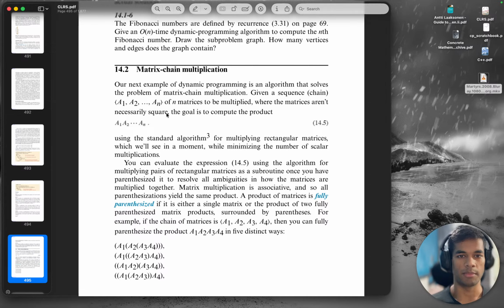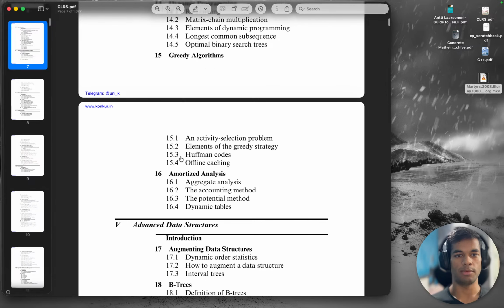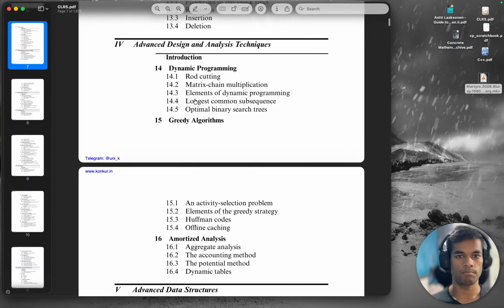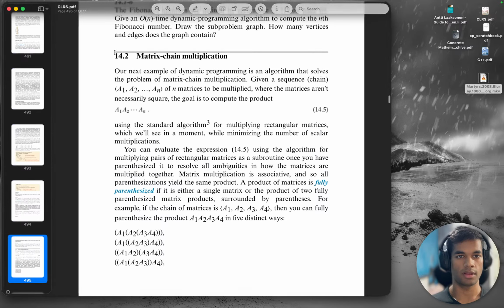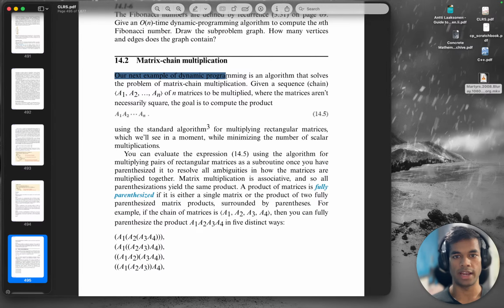And back to dynamic programming. So matrix chain multiplication. What is this problem? What does it even mean? Our next example of dynamic programming.